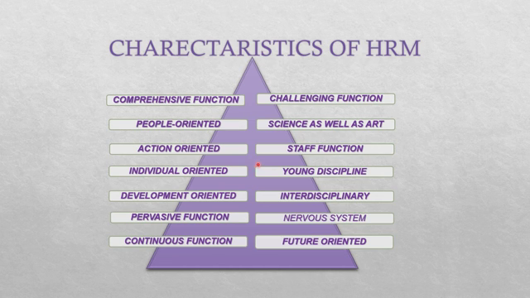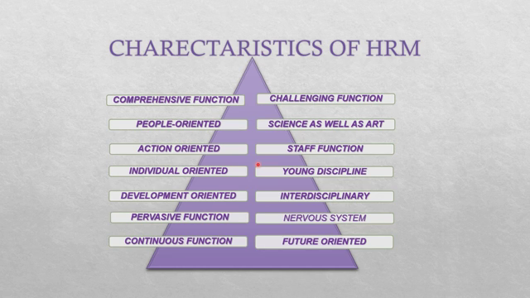The next point is development oriented. Development oriented means it is concerned with developing the potential of the employees. Like I said in the previous video also, when you're working, you are also given training so that whatever skill you have, whatever knowledge you have, can be enhanced or brought forward with change of time, with change of new technology.